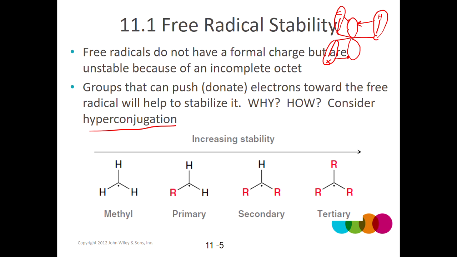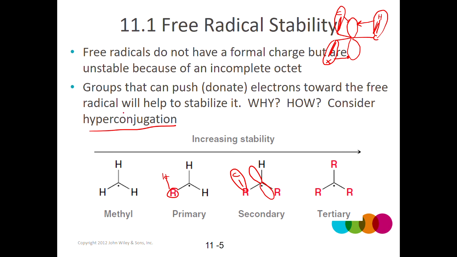And it's much more stabilizing if I have multiple bonds that can all rotate into that position and all donate electron density at once. So for example, if I have hydrogens there, they can't do that at all. R groups, where I have carbon bonded to hydrogen or carbon bonded to carbon, those orbitals can start to overlap with the p orbital that's empty in the case of a carbocation, or that holds one electron in the case of a free radical.